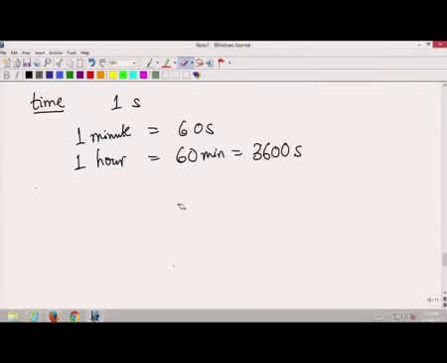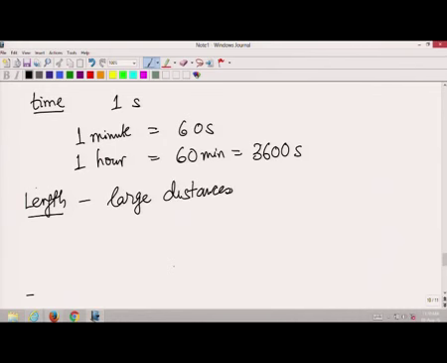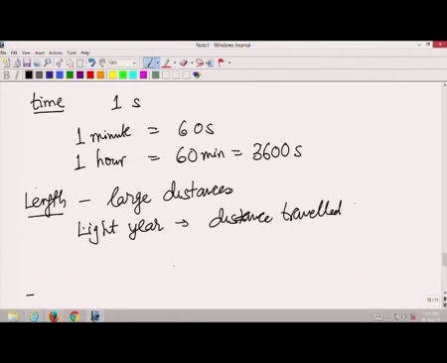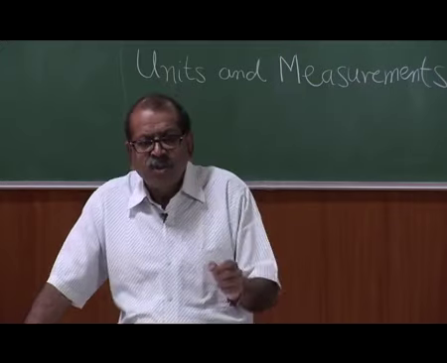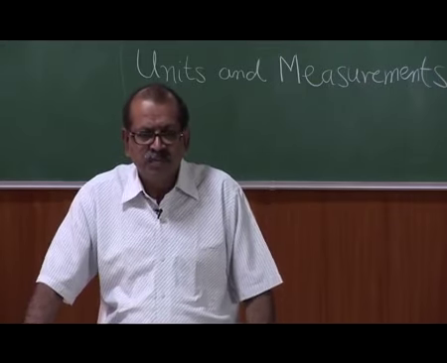For length, for example, when we talk of large distances, particularly those in astronomical ranges, we use a unit of length called the light year, which is the distance travelled by light in 1 year, and for this, light has to travel in vacuum.